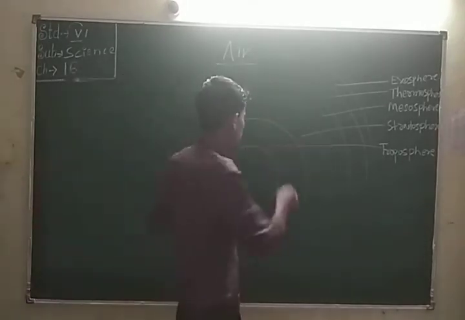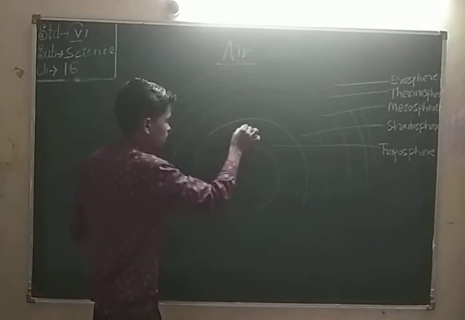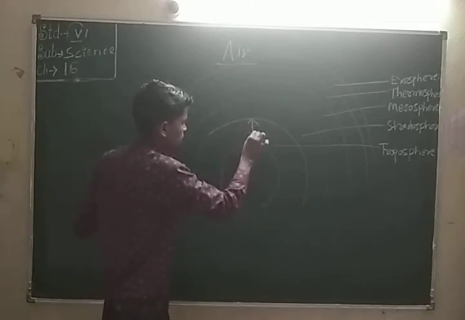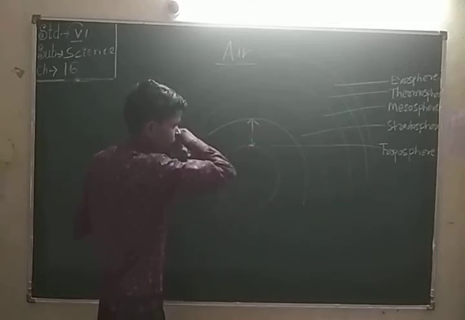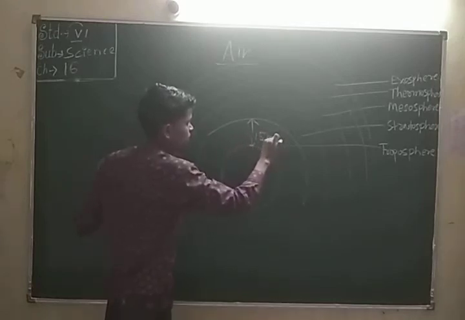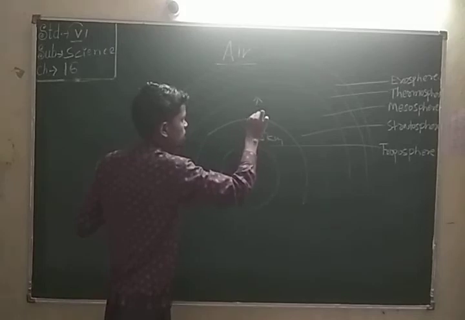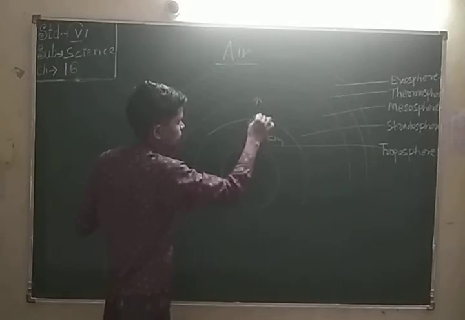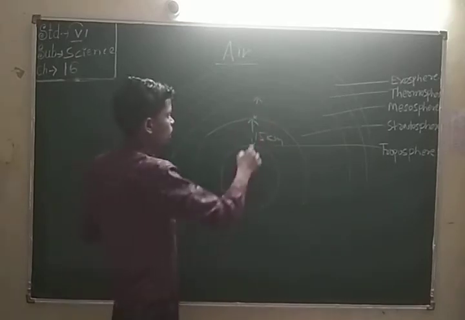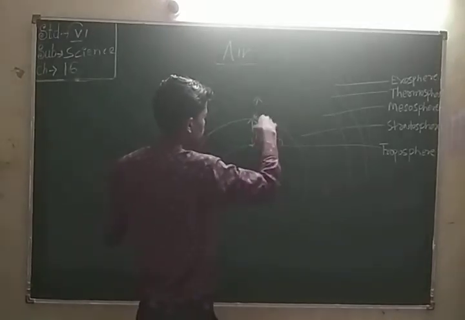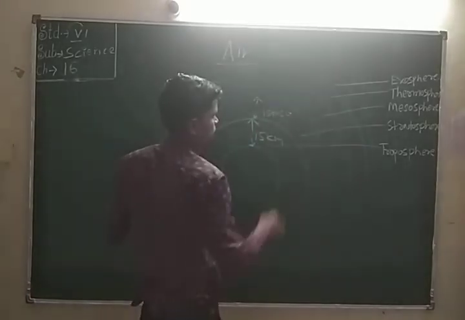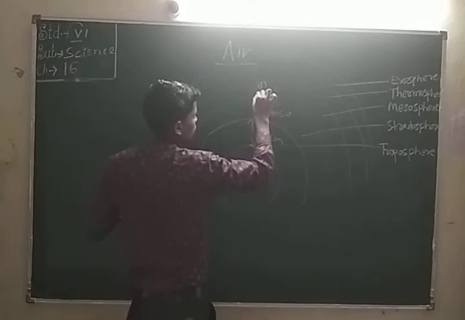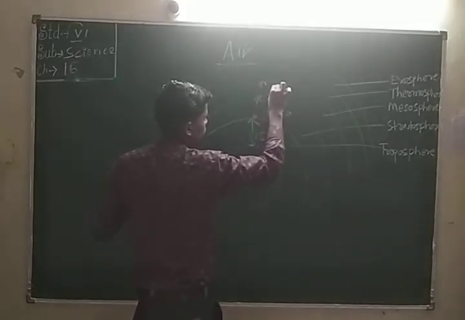First, the troposphere: this layer extends from the surface of the earth up to 15 kilometers. Then the stratosphere from 15 to 50, and the mesosphere, which extends from 50 to 80.